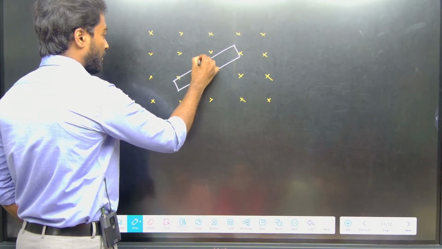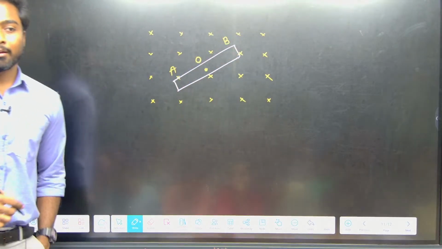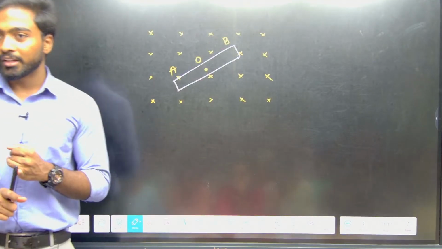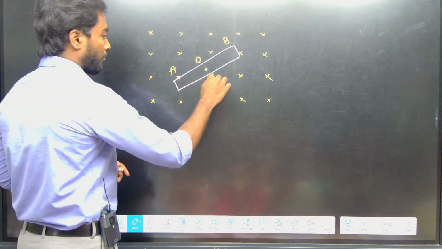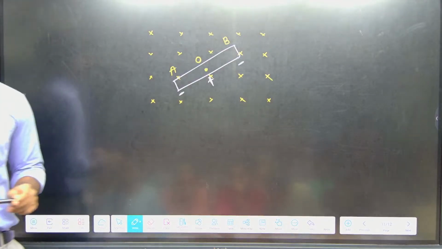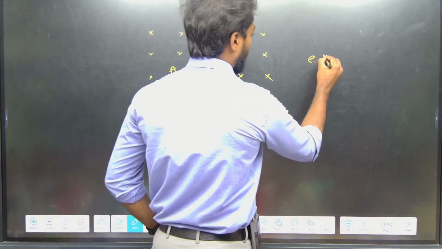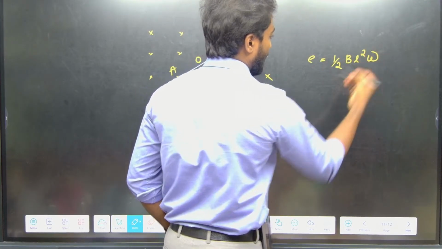Let me call that center point O, and this is A and this is B. What was the previous point? The fixed point is always called positive and the free end is called negative. A and B are negative, O is positive. What is the formula we have talked about? E equals half B L square omega.